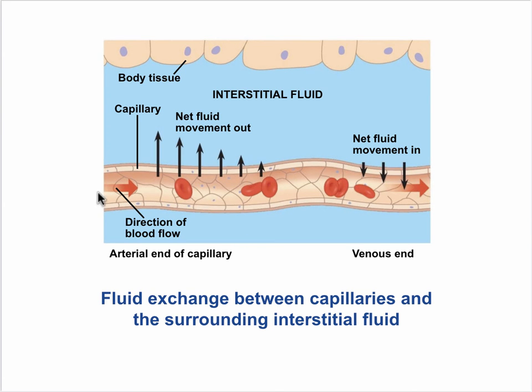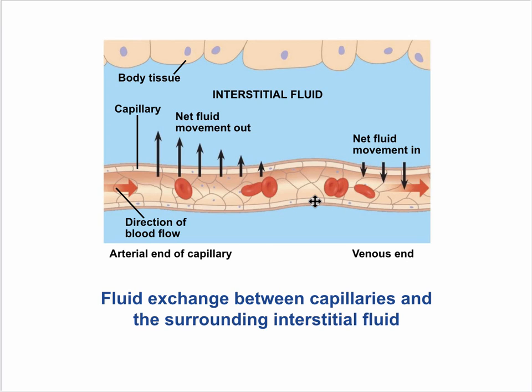So all of this can happen because capillaries have super, super thin walls. Every capillary is made of a layer of endothelial tissue, and those cells making up the walls of that tissue are flattened out, super thin.